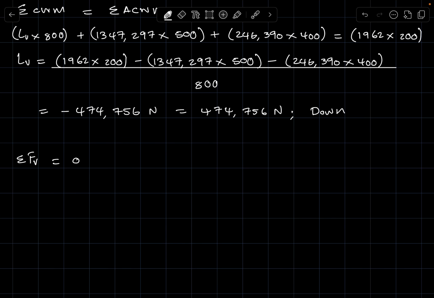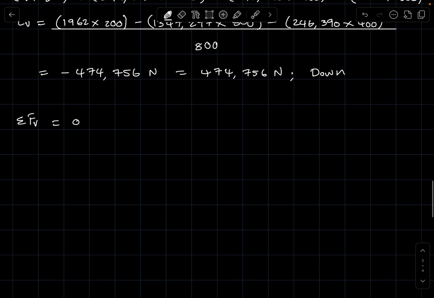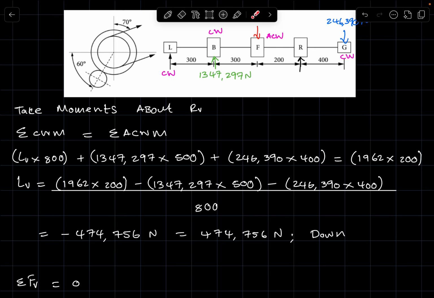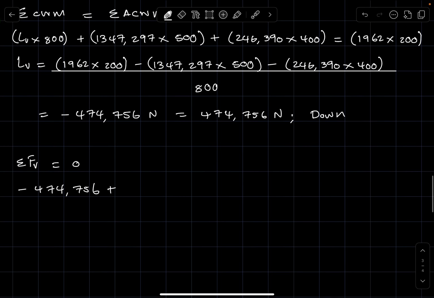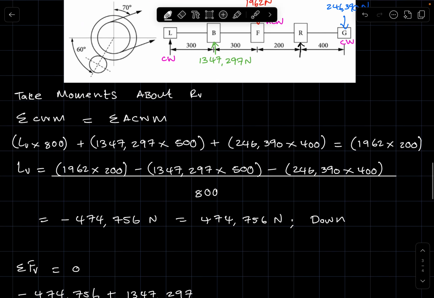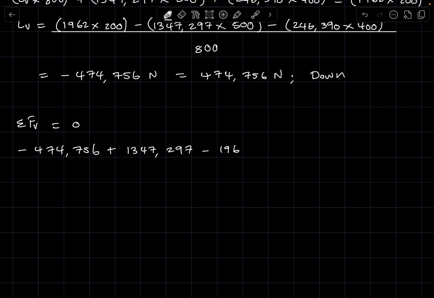starting from the left heading to the right. You have your left bearing, which is negative 474,756. And then you have this component heading upward, so positive 1347,297, and then you have your flywheel heading downward, so negative 1962.